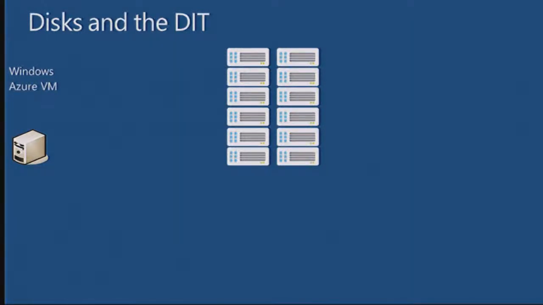So, in this diagram, I've got a couple of racks with Windows Azure hypervisors on each of the machines, and I've got a Windows Azure virtual machine. Now, when I deploy a Windows Azure virtual machine to a rack, I get an operating system disk, and in this case, that's a .vhd.